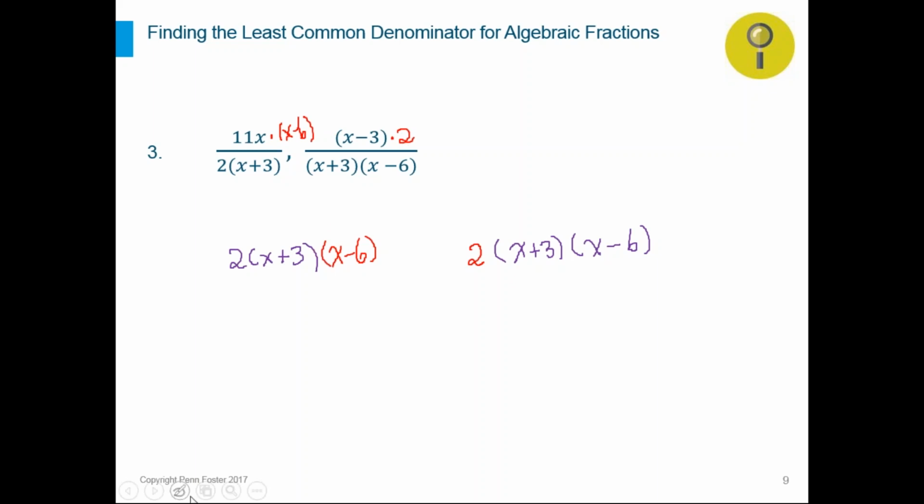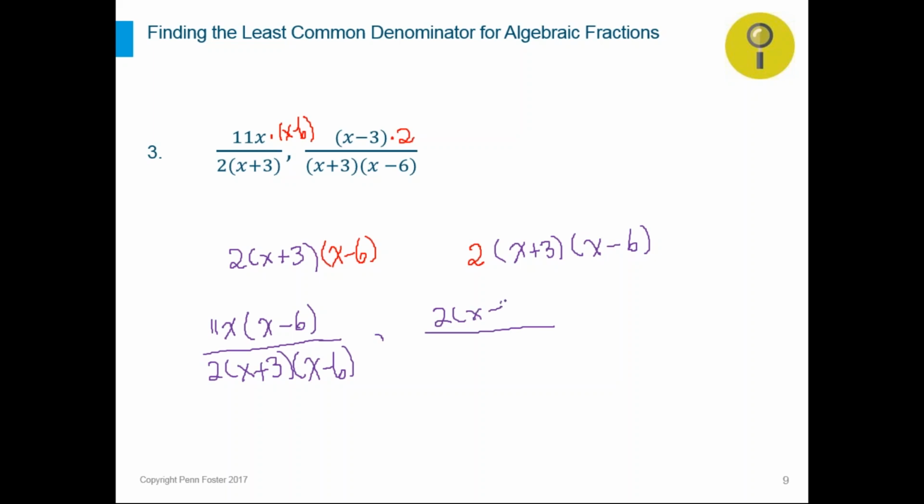Okay, rewrite the fractions. I need to rewrite that neatly, especially the first one, so we're able to multiply 11x times x minus 6 over the new denominator, which is 2 times x plus 3 times x minus 6. And the second fraction is 2 times x minus 3.